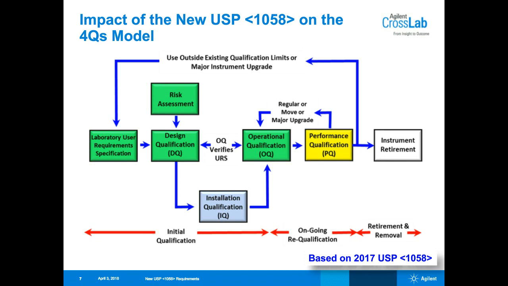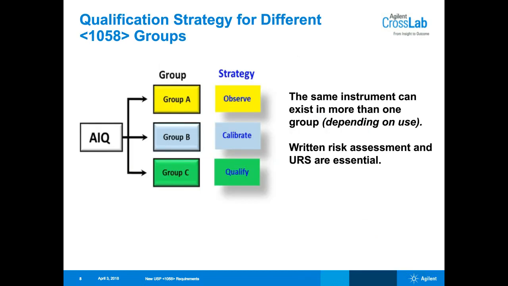With the deletion of the instrument lists, we have now basically three strategies. With Group A, the strategy for qualification is correct functioning by observation. With Group B, typically we will calibrate.